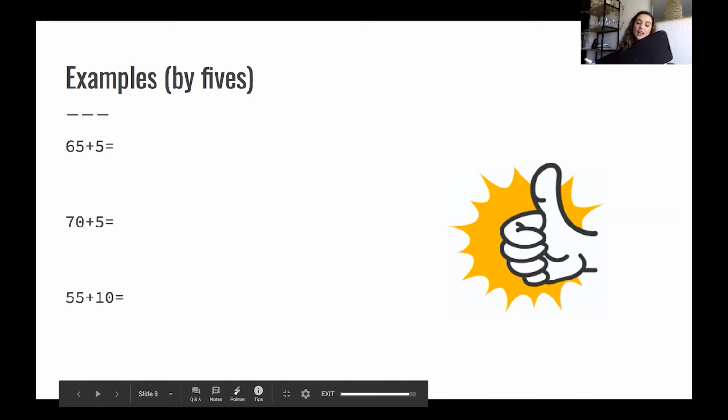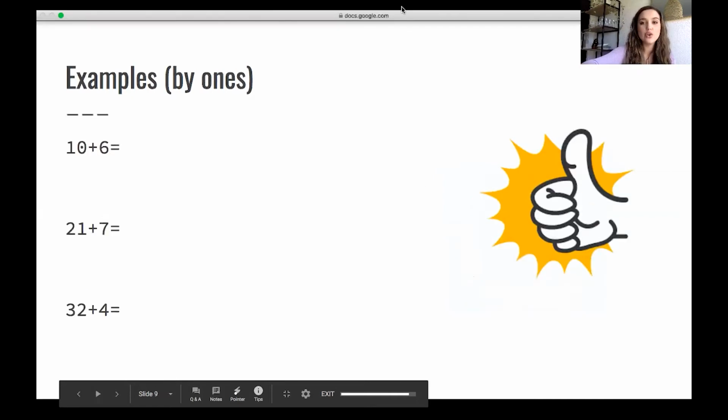Awesome. All right, so now that we have all of those answers, we are going to continue on with some examples. But before we move on, I did just want to note that when you guys are doing addition and subtraction problems, you most likely do not always need to be making your own number lines. On the internet, there are so many different number lines that you can use to help you.